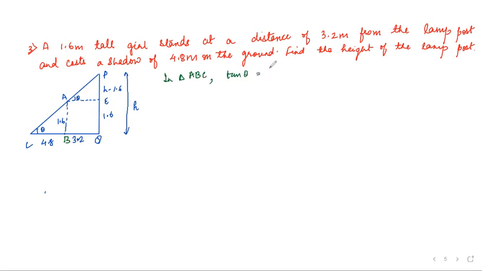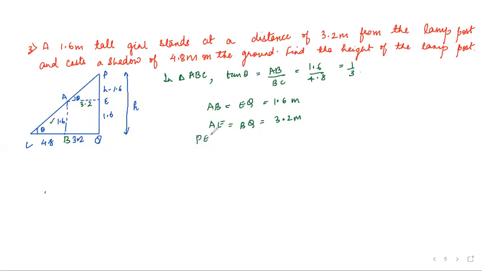Tan theta in this triangle is AB by BC, perpendicular by base, which is 1.6 by 4.8, 1 by 3. Okay. Now, as we know, AB and EQ are equal, both are equal to 1.6 meters, and AE and BQ are also equal to 3.2 meters. So this will also be 3.2.